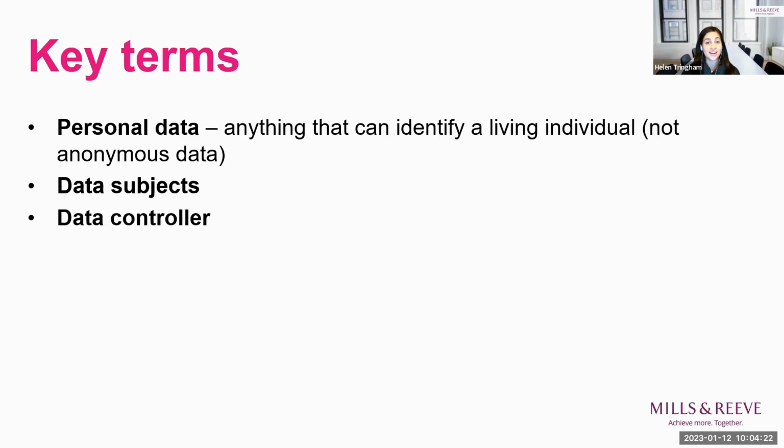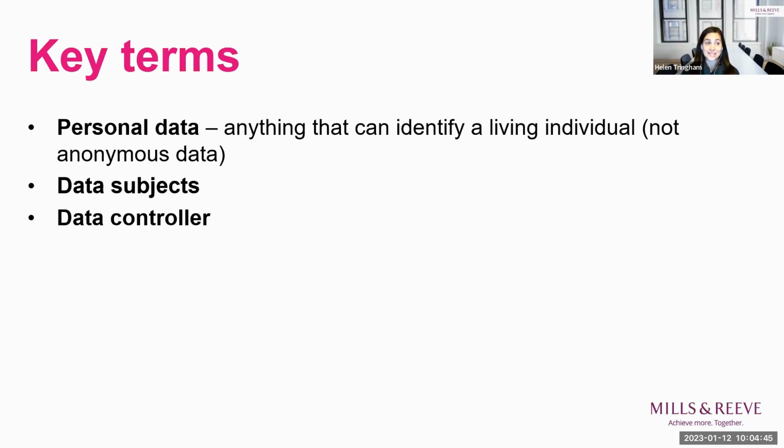A person is identifiable if they can be properly distinguished from other individuals. So, for example, if one of you were to describe me in an email after this training as the person with long hair from Mills and Reeve who delivered the training today, you haven't used my name, but I am identifiable, so it's my personal data.